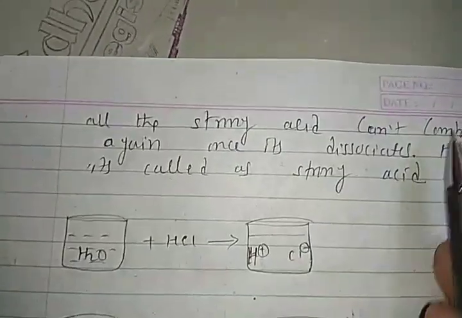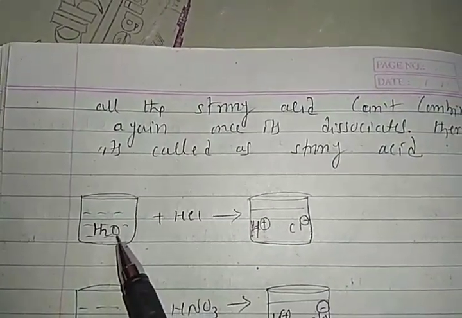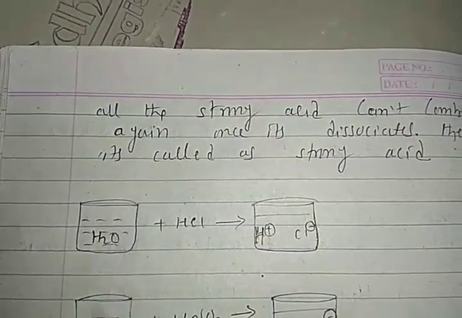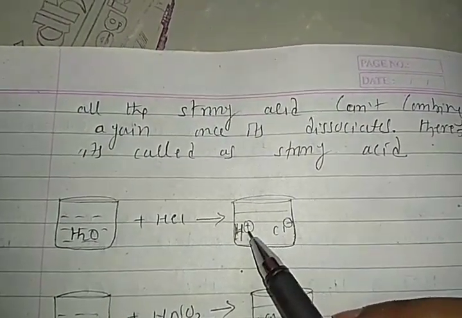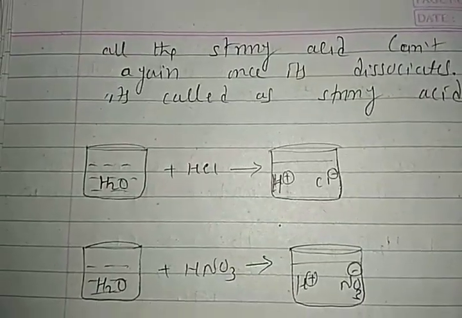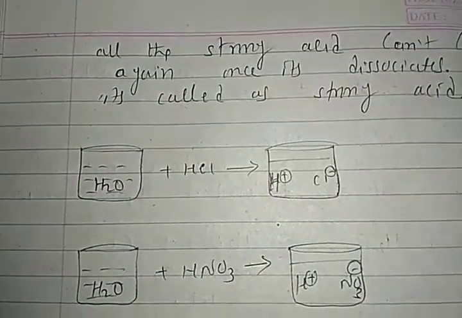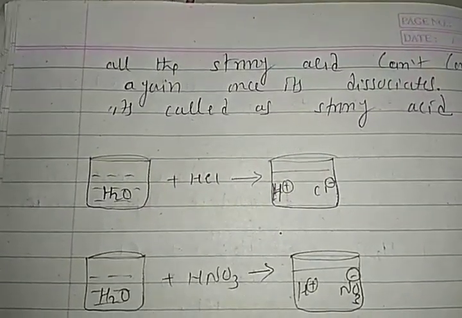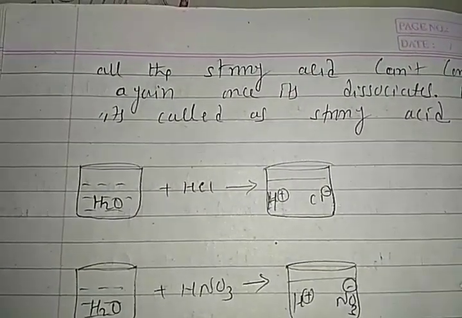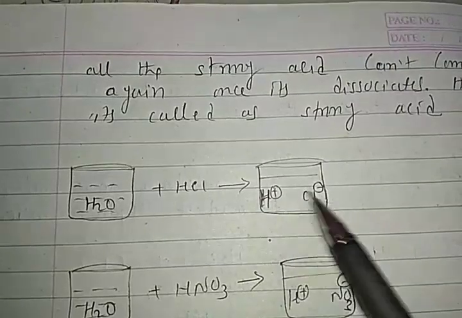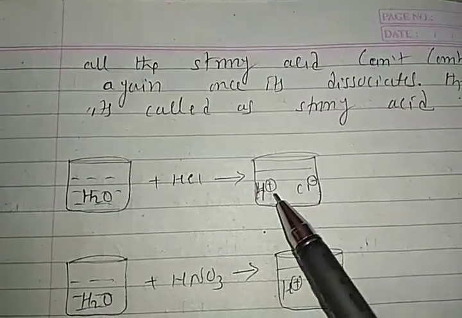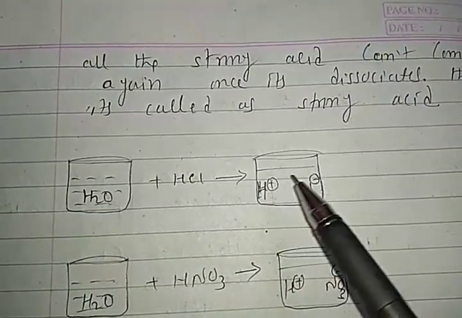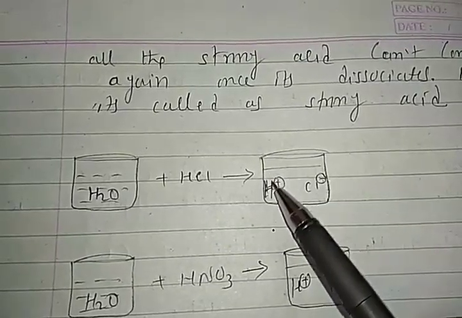Right? I will show an example. Water in which we are adding HCl to form H+ and Cl-. Already we know that ions attract each other, as we discussed in the previous topic on chemical reactions and equations: positive charge attracts negative, and negative attracts positive.